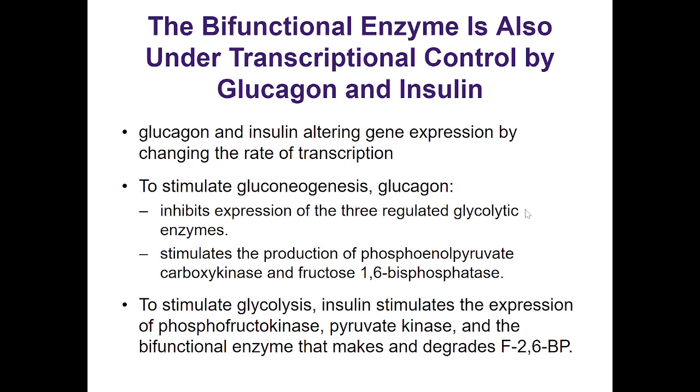This is going to stimulate the production of the phosphoenolpyruvate carboxykinase and fructose 1,6-bisphosphatase. To stimulate glycolysis, insulin actually stimulates the expression of phosphofructokinase and pyruvate kinase, and the bifunctional enzyme that makes and degrades the F26BP.